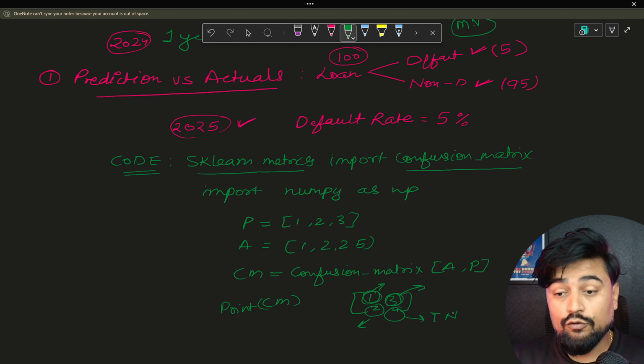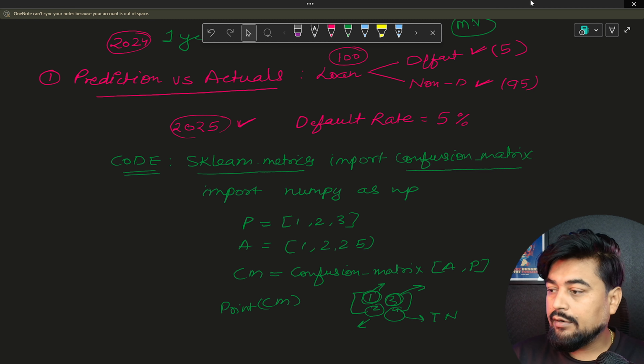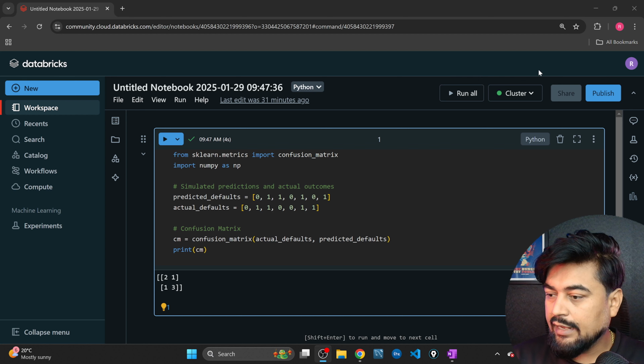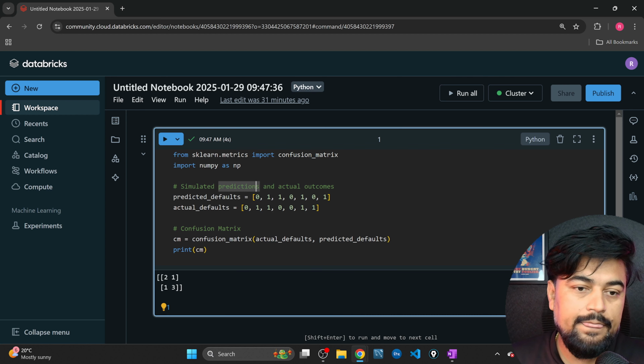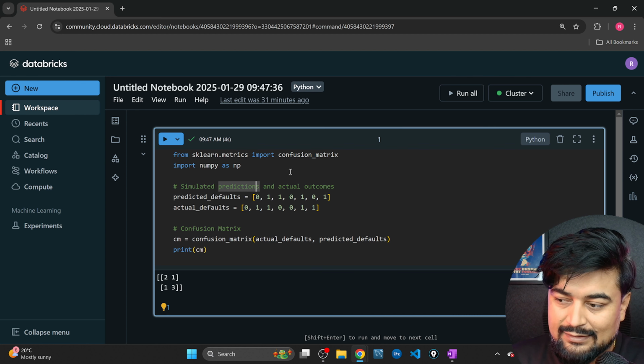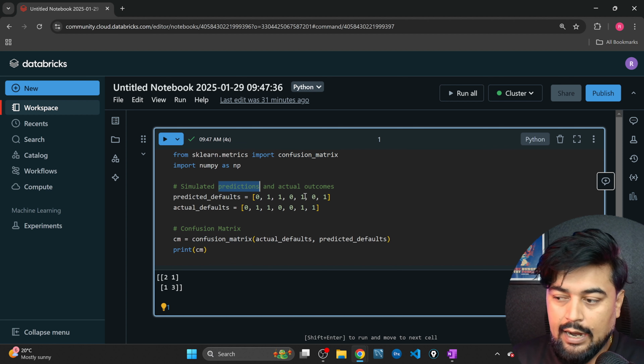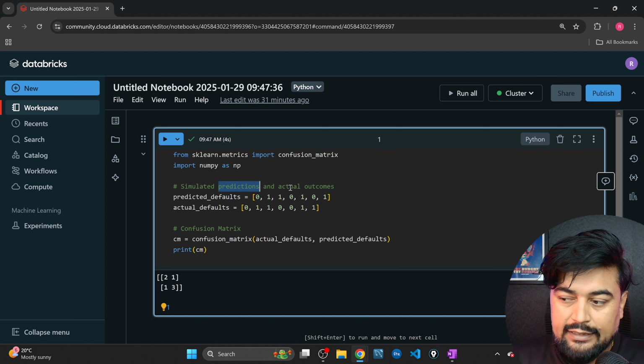So now let me take you forward and let me run the code which I already have in my Databricks environment. So you guys can see from sklearn.metrics import confusion_matrix. This is a package. Again import numpy as np. Simulated predictions, that means the predicted value, and actual outcomes, that is the actual value.